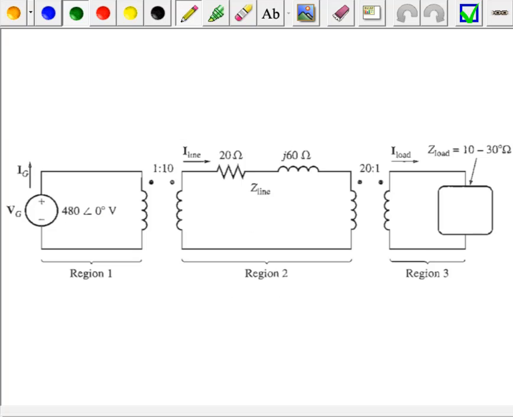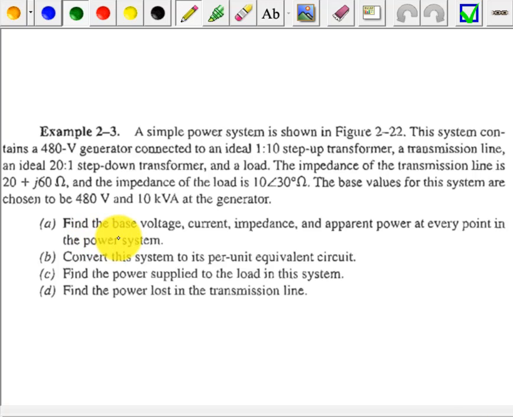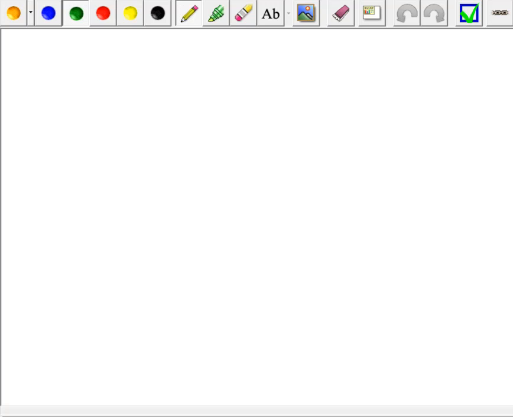It means that we have to find the base values here, here, and on this side. So how can we find out? That's quite easy. Let's solve it. The first part says to find the base voltage, current, impedance, and apparent power at every point in the power system. First of all, we need to calculate I base 1.